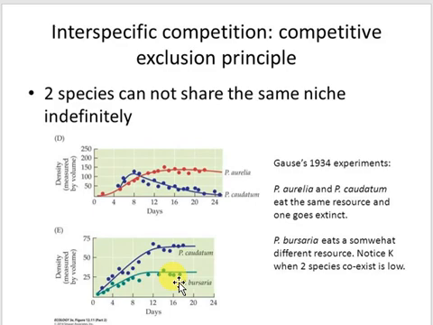That's because the two species occupy different niches. They eat different resources, so they're able to coexist. But the maximum number of individuals of both of those species when they are in the same environment is limited because they are occupying the same space.